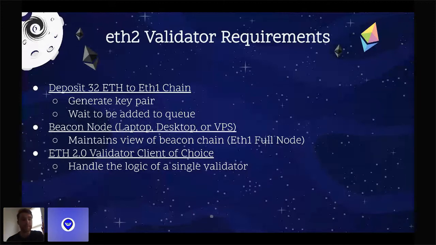It maintains the view of the beacon chain. And then the other requirement is your validator client of choice, which handles the logic of a validator. So this is Prysm, this is Sigma Prime, and Pegasus is also working on something as well. It would be up to you to pick and choose which one you would like to run, or a variety of ones to diversify risk, which we'll also talk about later.